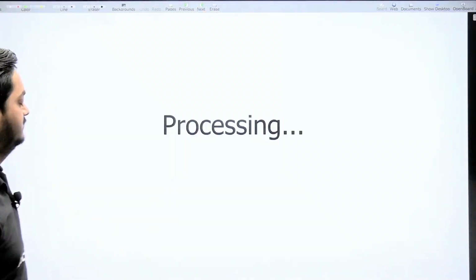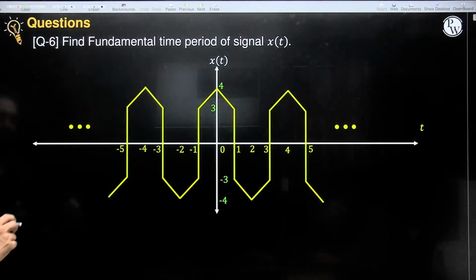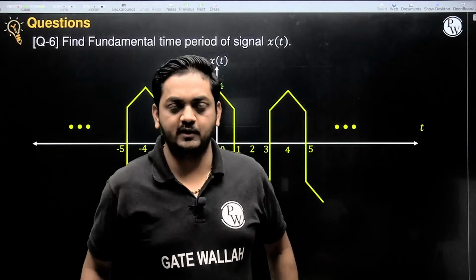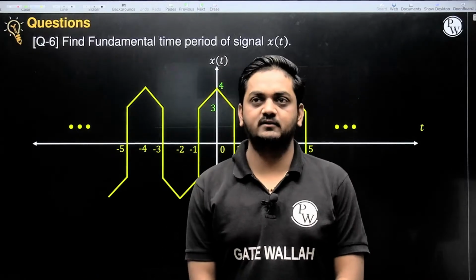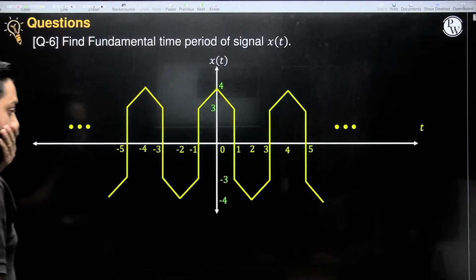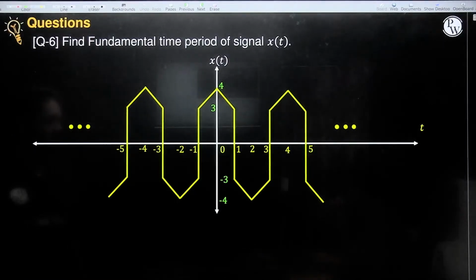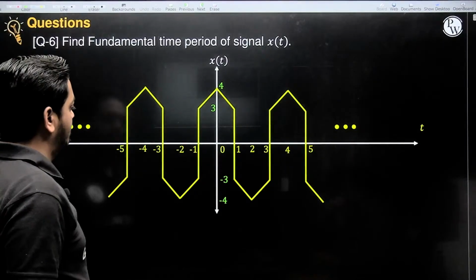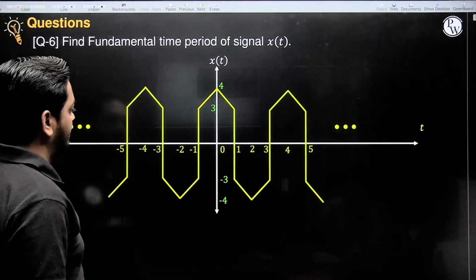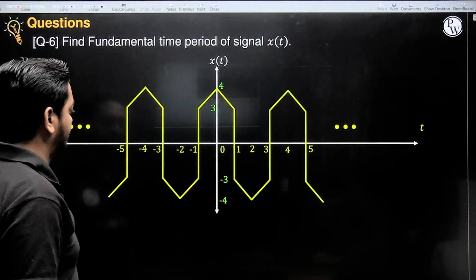Now next is question number 6. See, tell me whether this is periodic or aperiodic. If it is periodic, what is the fundamental time period? As you can see here, this is also a periodic signal, guys.